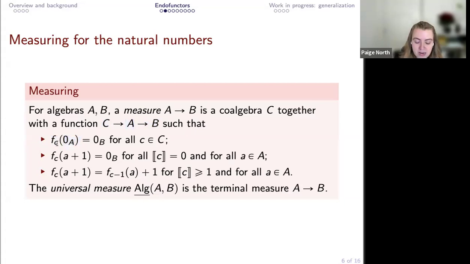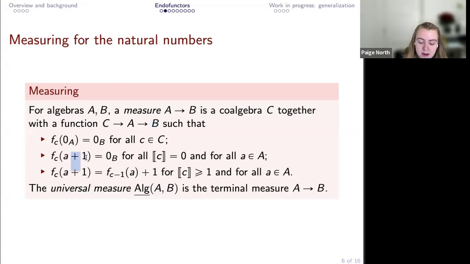Okay, so first we ask that f sub C takes 0 to 0. Whenever I plug in a 0 here, I get the 0 here. By 0, remember that we're looking at algebras of the endofunctor that takes x to x plus 1. So we always have a special point, because algebras are functions from x plus 1 to x, and the special point is the image of 1. That's the 0.